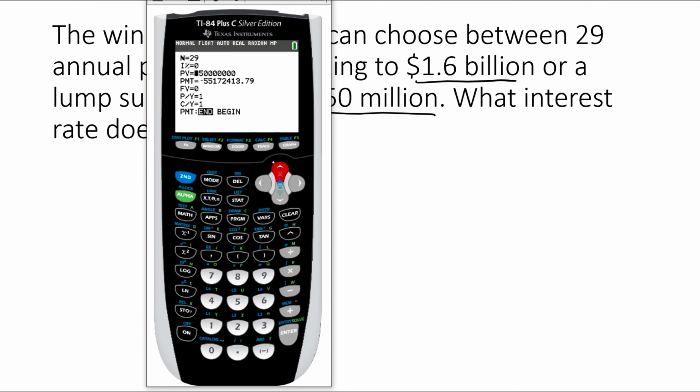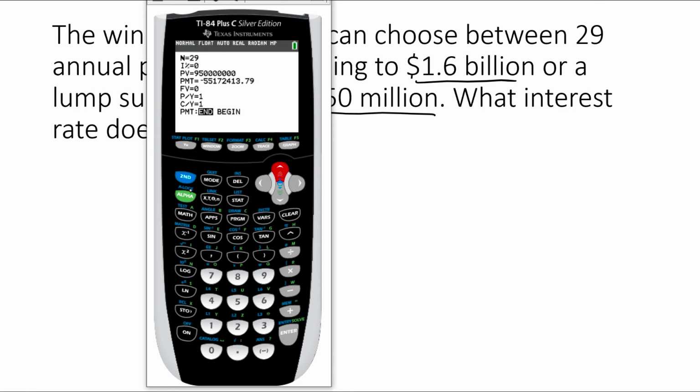You could also pretend that you're doing it from your perspective, in which case those signs would be switched: negative $950 million and then a positive $55 million. Either way, we need a negative sign on one of them. The way I chose to do it was from the perspective of whoever's handling the lottery, but we'll get the same answer either way.